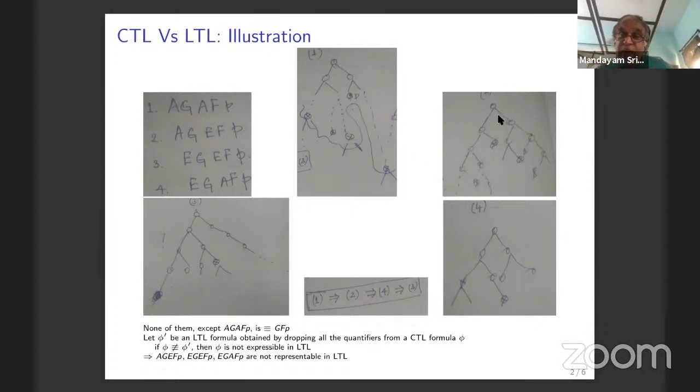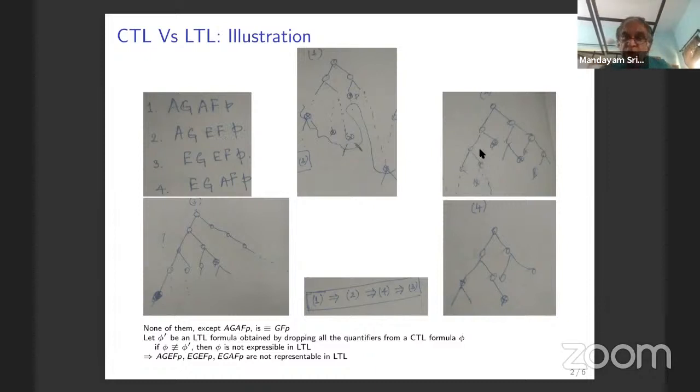So for example, here, if you look at it, there is this path on the left side. If you look at that, that's a path on which none of the states, yeah, this is a situation which violates AG of AF of P, but for which AG of EF of P holds good.